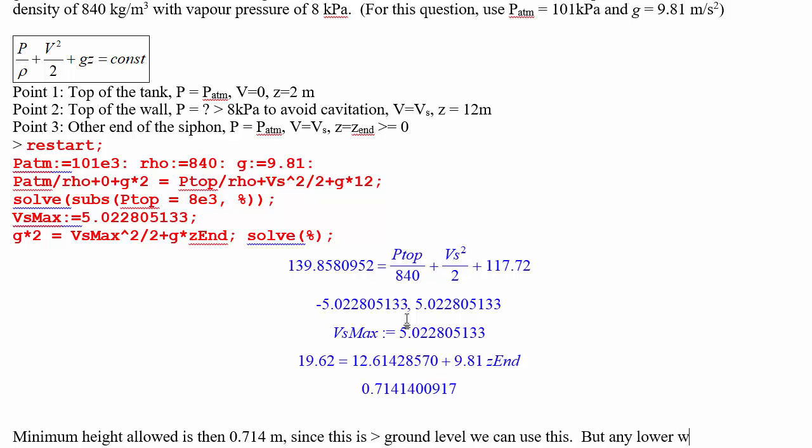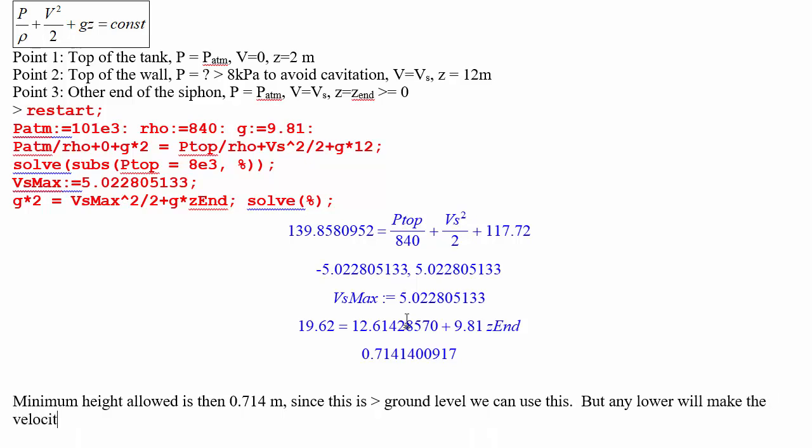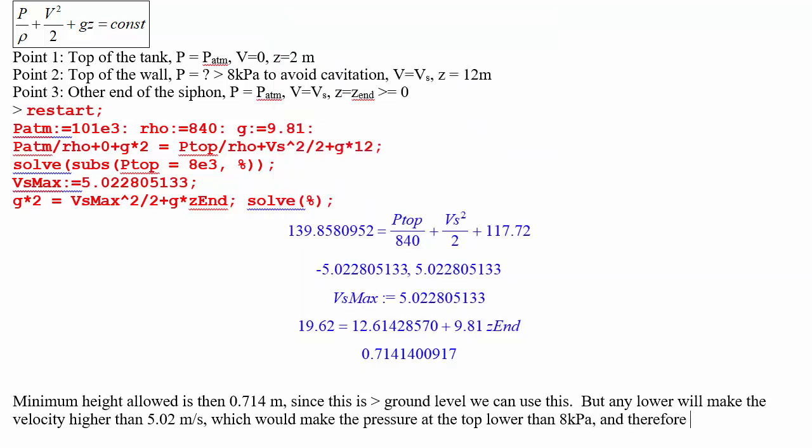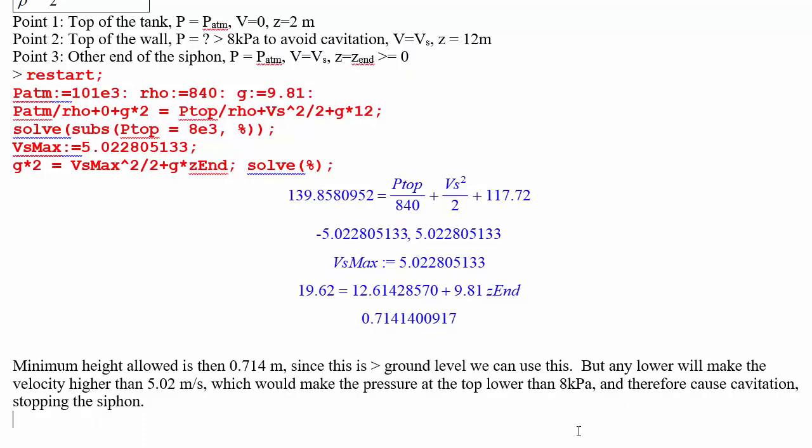But any lower will make the velocity higher than 5.02 meters per second, which would make the pressure at the top lower than 8 kilopascals, 8 kPa, and therefore cause cavitation, stopping the siphon.